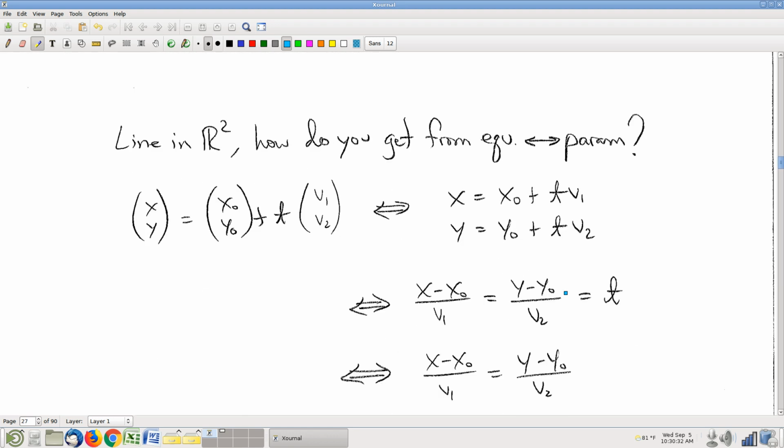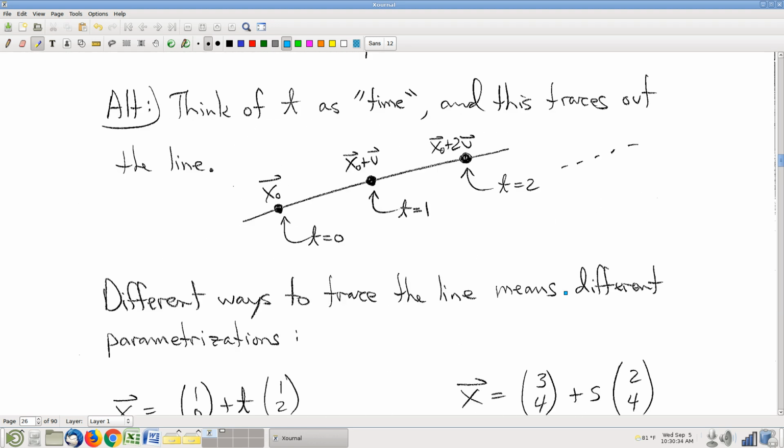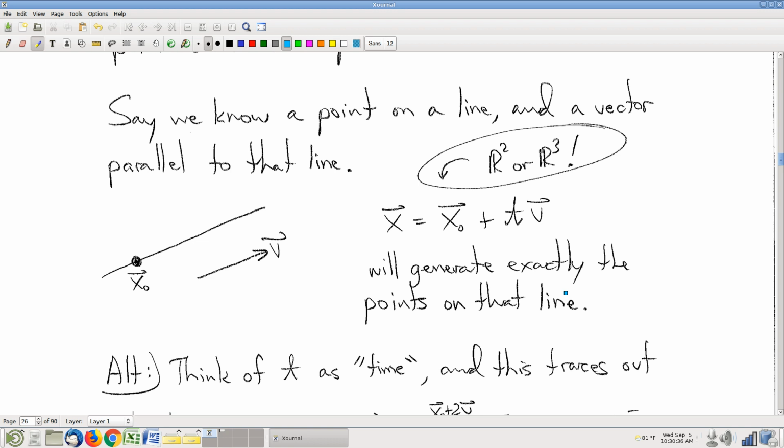Now, suppose you have a parameterization, sometimes called a parametric line. Technically, the parameterization is the function. The parametric line is the geometric object itself paired with how you've parameterized it.